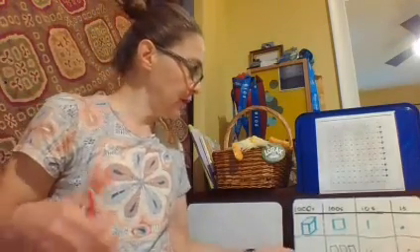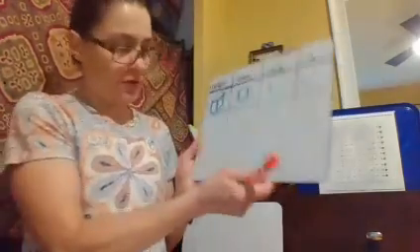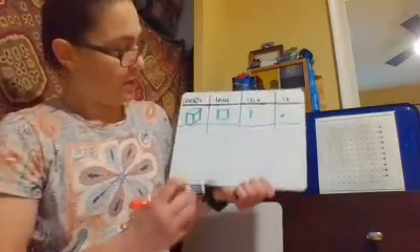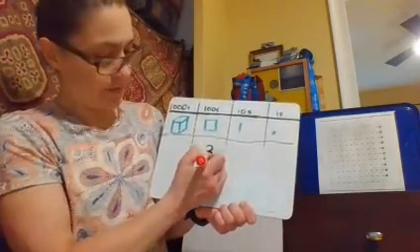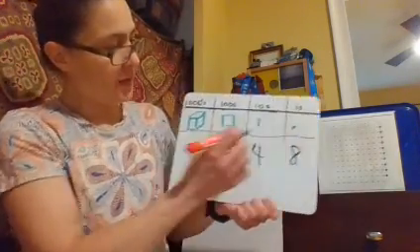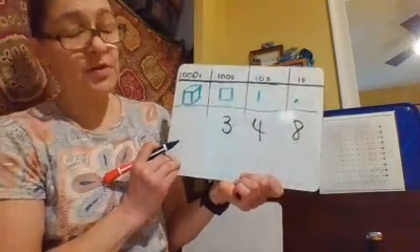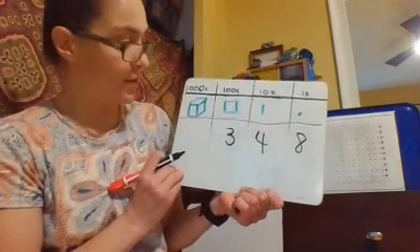Okay, so that is your concept for today, that you can look at the place value chart, and put the number into the place value chart, and depending on where it is, you will be able to figure out what value each number has.